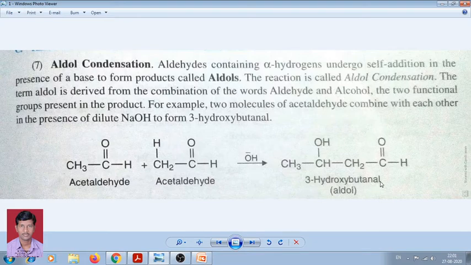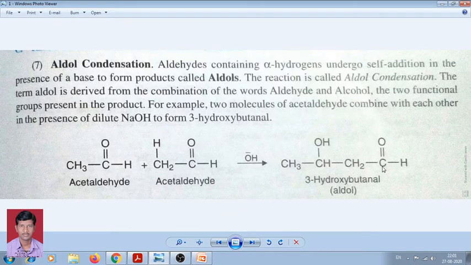3-hydroxybutanal, which is also called aldol. Why is it called 3-hydroxybutanal? This is the CHO, the aldehyde group. With respect to this CHO, this is carbon number 1, 2, 3 and 4, so there are 4 carbon atoms.